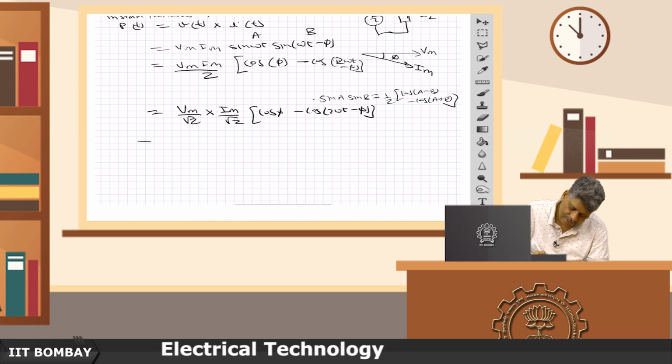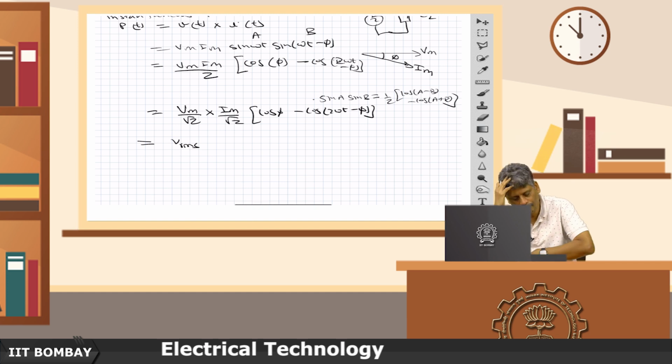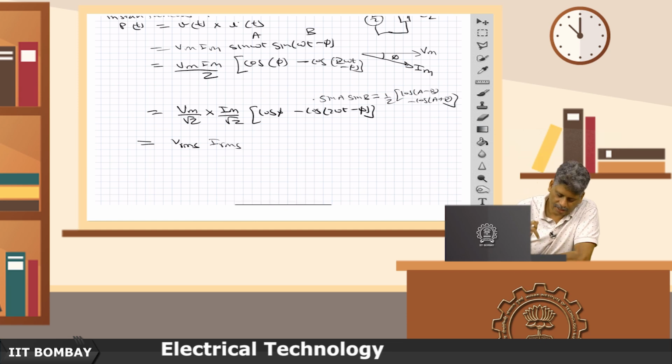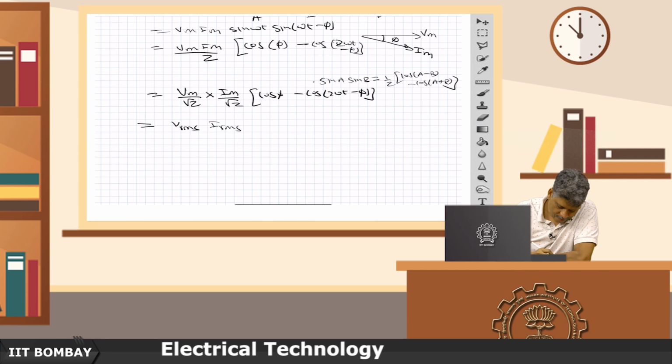Incidentally, Vm by root 2 is the root mean square value of Vm, I will come to this, and Im by root 2 is the root mean square value of the current, I will again come back to this. So, instantaneous power p(t) is going to be equal to Vrms Irms into cos of phi minus cos of 2 omega t minus phi.